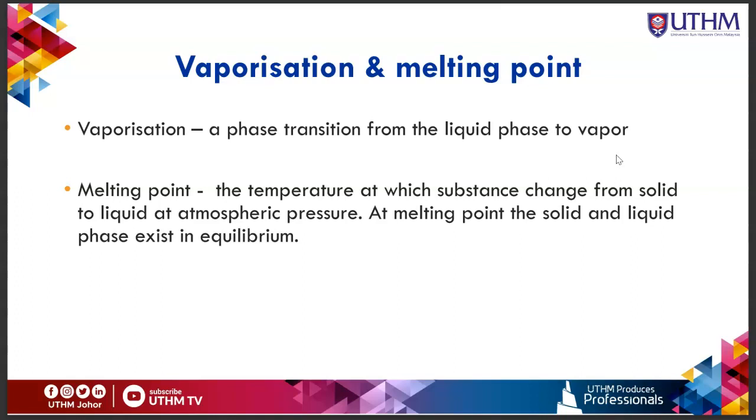These 2 points are crucial to determine the appropriate conditions for the processing and the manufacturing of your drug product. So they influence the selection of suitable excipients and other manufacturing techniques. In pre-formulation, understanding these points will help to ensure that the drug substance can be processed and formulated without compromising its one, stability, and two, its efficacy.